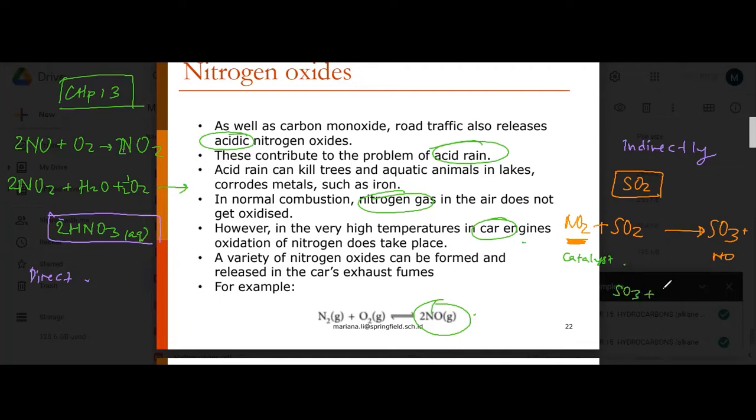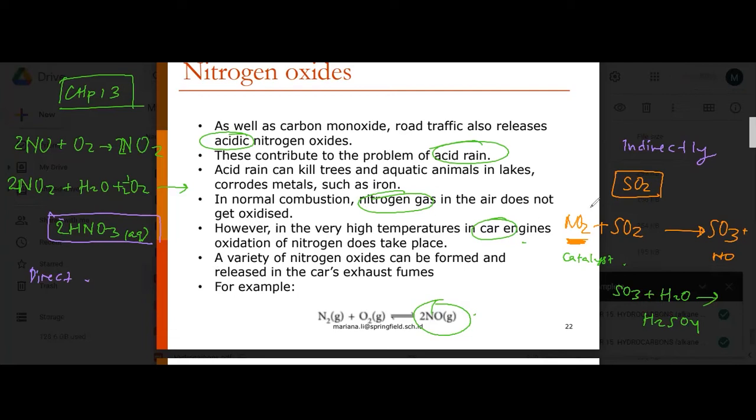Next, SO3 will combine with H2O to form a very strong acid, H2SO4. So that's why this is called the indirect method of how nitrogen dioxide gives acid rain, by oxidizing SO2 to SO3. This is the indirect effect; the other is the direct effect.